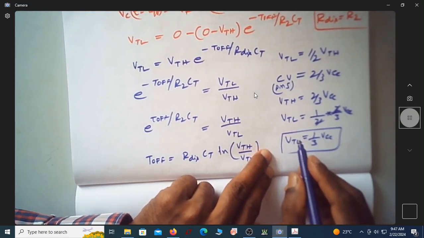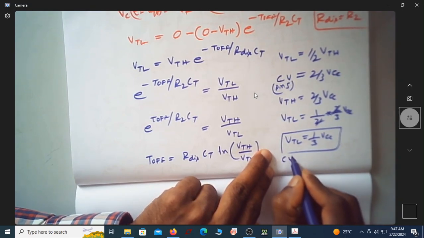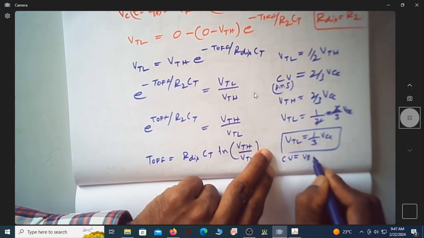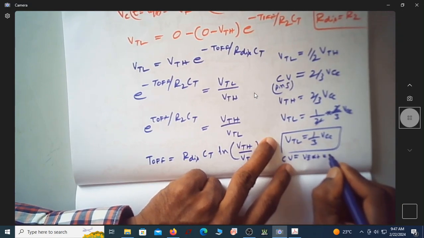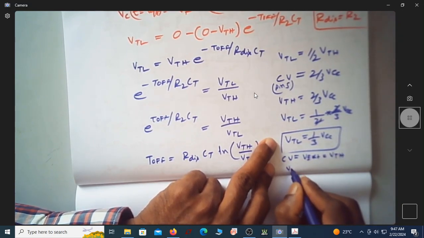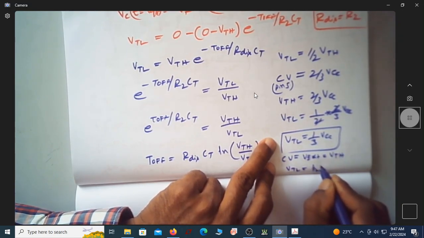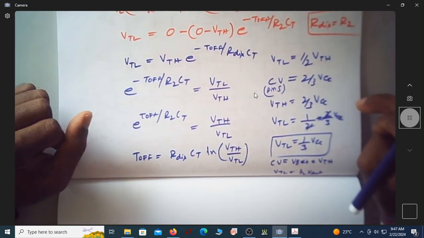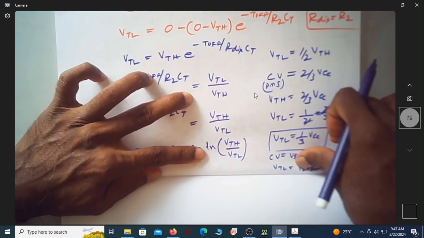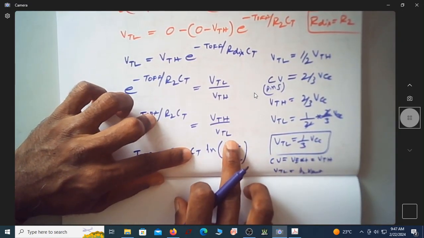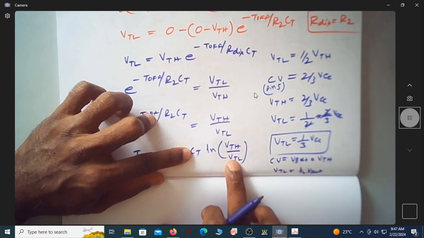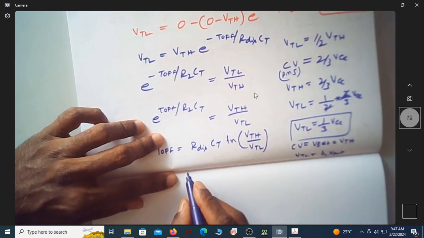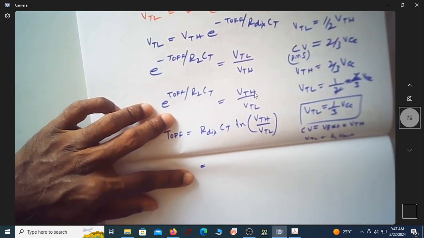If you are connecting some external voltage, then what is the control voltage? It is V external. This is equal to VTH. Then what is VTL? VTL is half of V external. So whether you use an external voltage or not, the VTH is always twice of VTL. So can I write this irrespective of whatever the voltage?